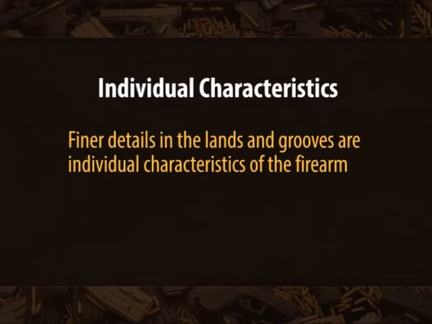Class characteristics are useful to the extent of quick eliminations only. If we now talk particularly about the individual characteristics or the accidental markings, they are the finer details in the lands and grooves, and they are the individual characteristics of the firearm.